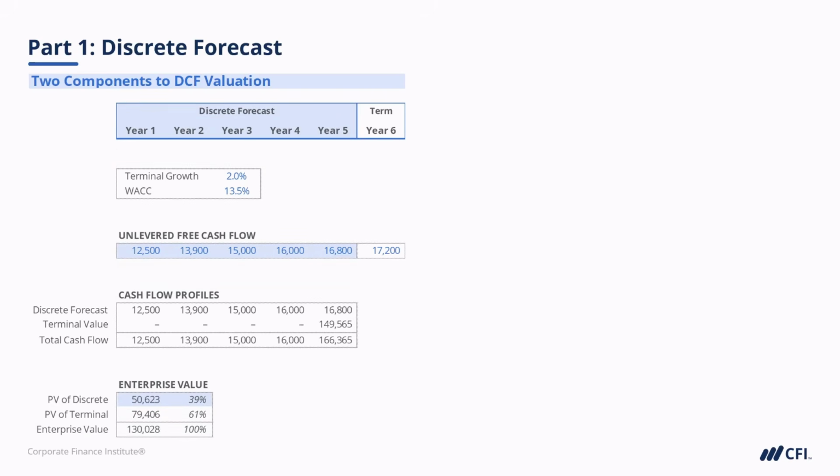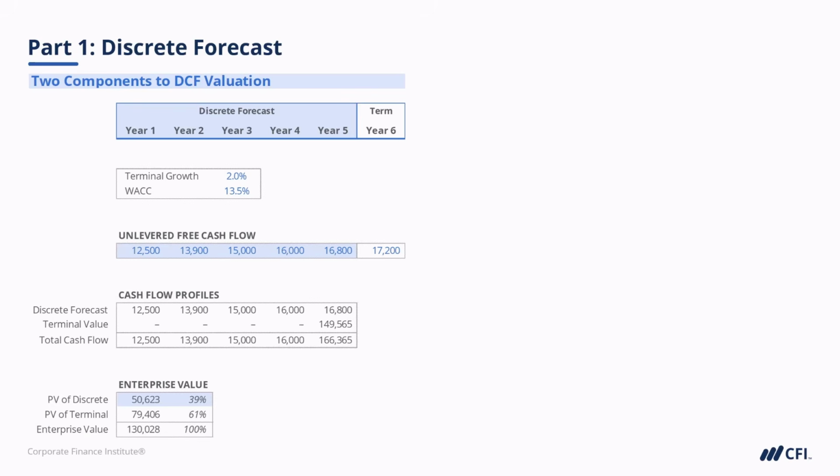And as you can see, we have a model constructed here with a discrete forecast period of 5 years. What that means is that we expect the company's growth to exceed the overall economy for 5 years. After those 5 years, we expect that the company's growth is going to be at a steady state or in line with the growth of the overall economy.